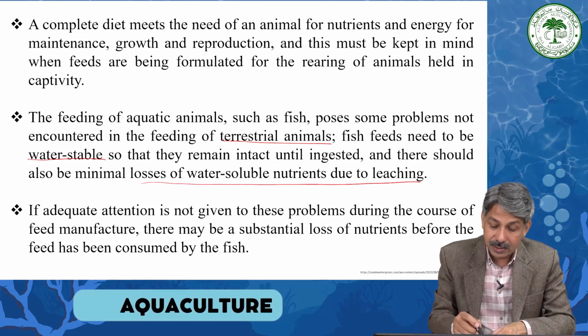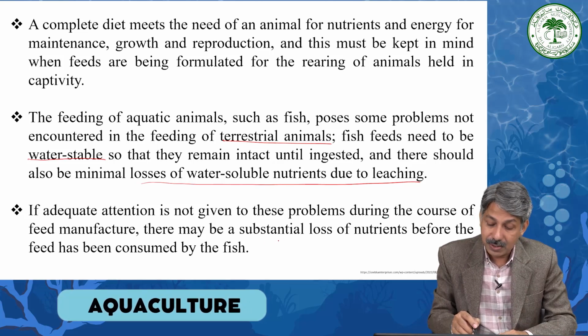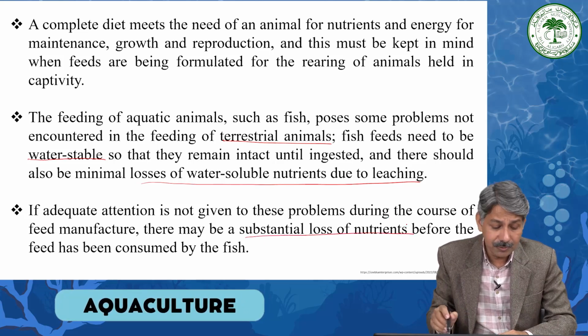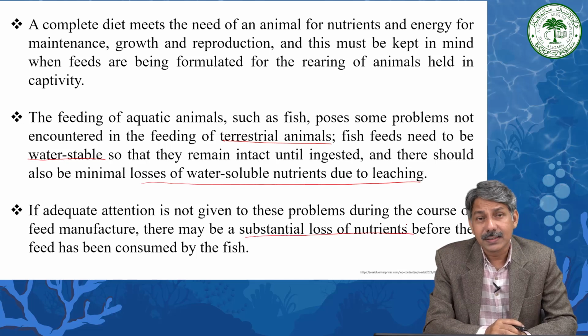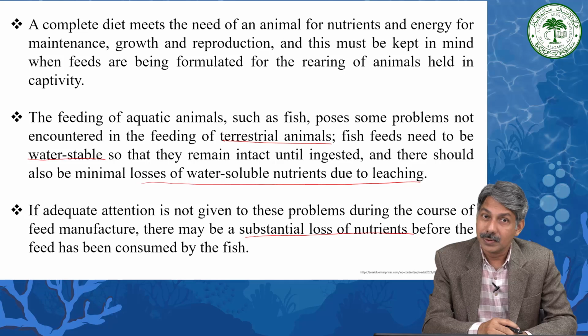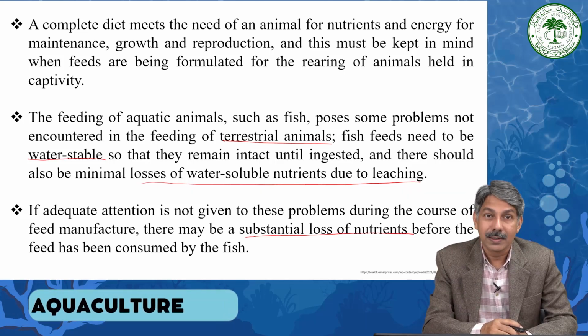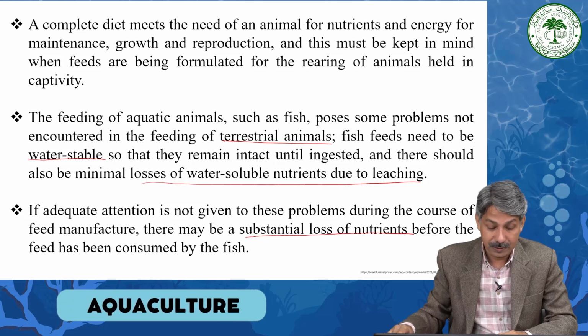If adequate attention is not given to these problems during feed manufacture, there may be substantial loss of nutrients. If you are not considering these things, then you may have not only significant loss of feed in the water, which will be unconsumed and will deteriorate the water also, but ultimately, when fish are not consuming the feed, you are not able to record the expected growth in the fish that you are targeting in your aquaculture practice.